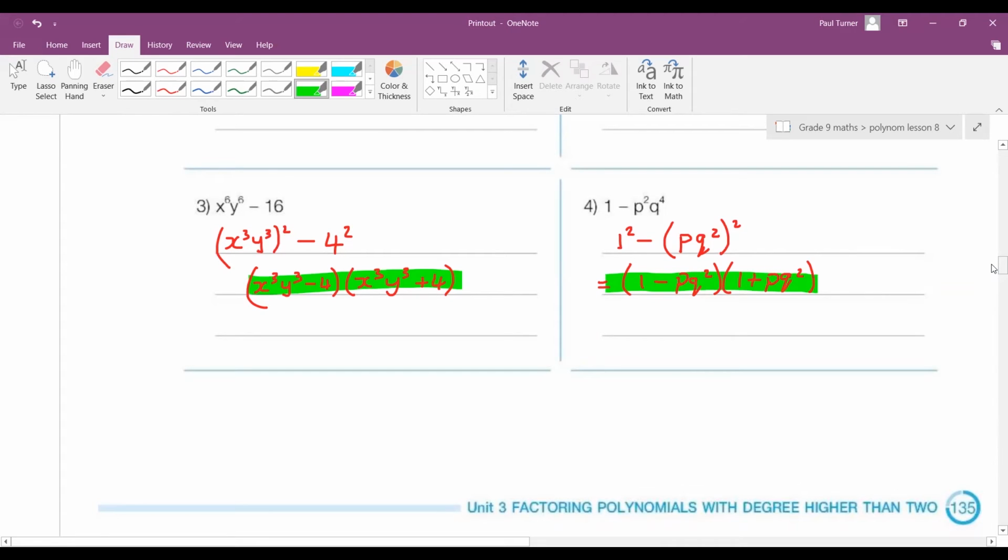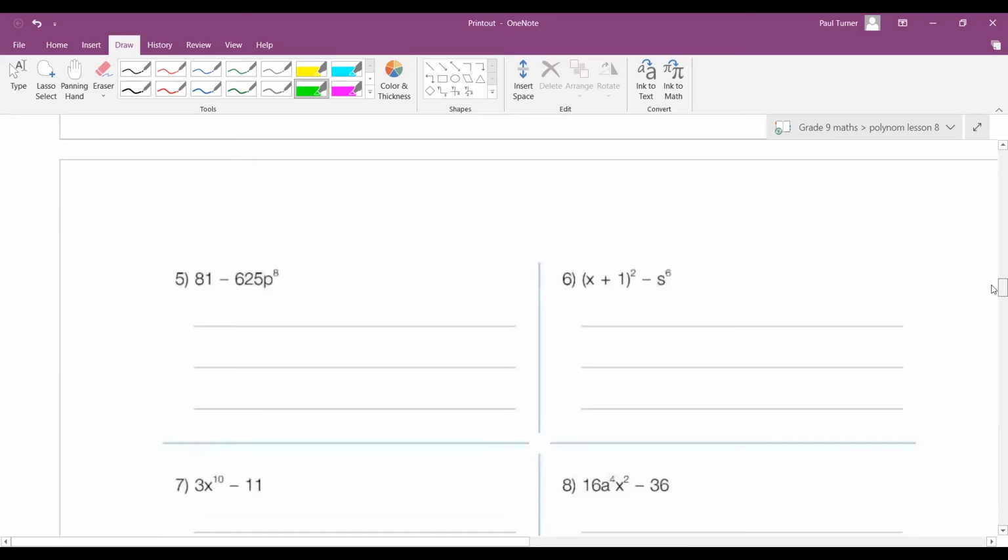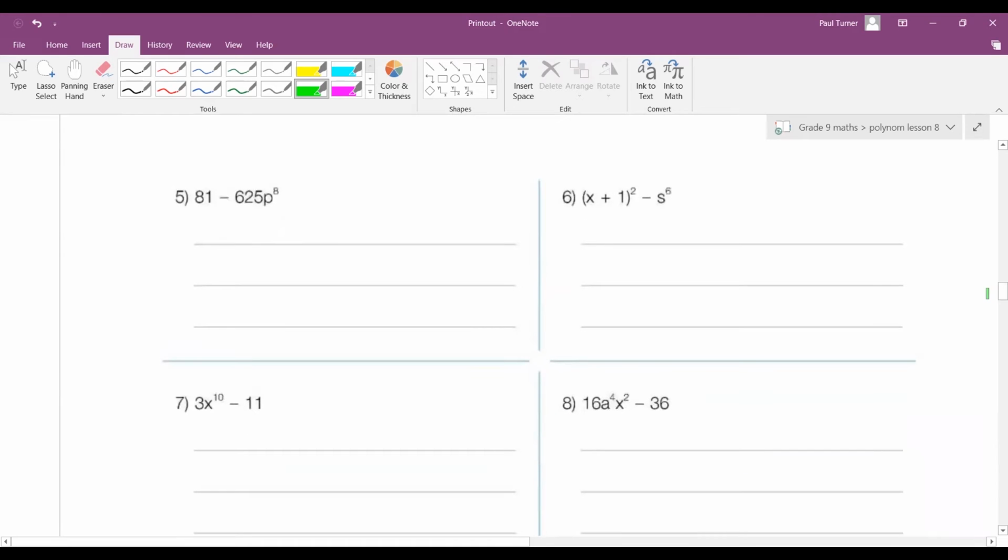That's question 4, so just check that quickly. We'll go down to 5. 81 will be 9 squared. 625 is 25 squared.